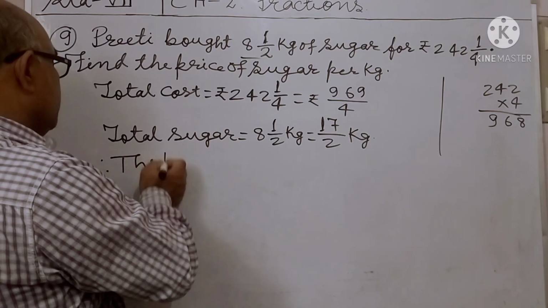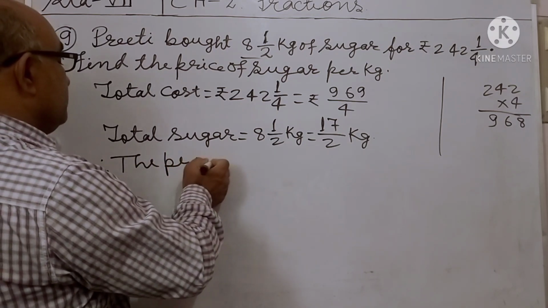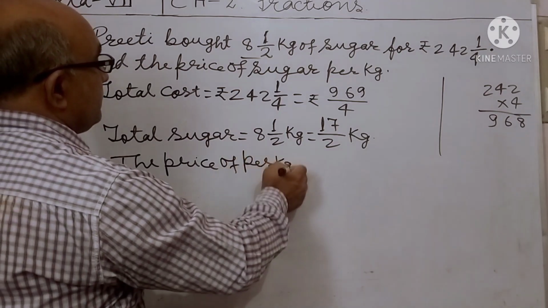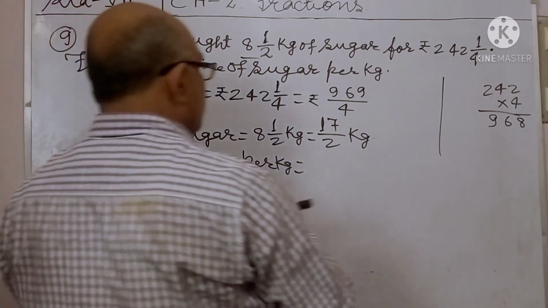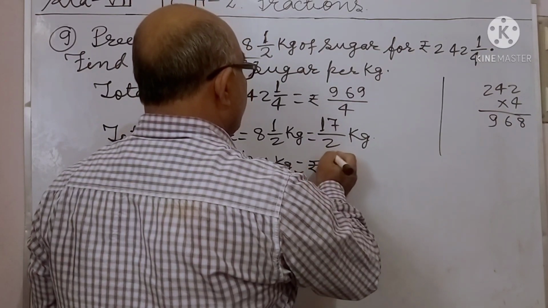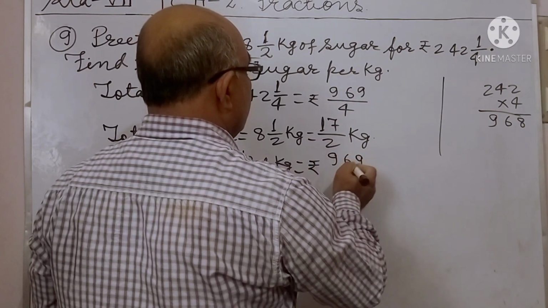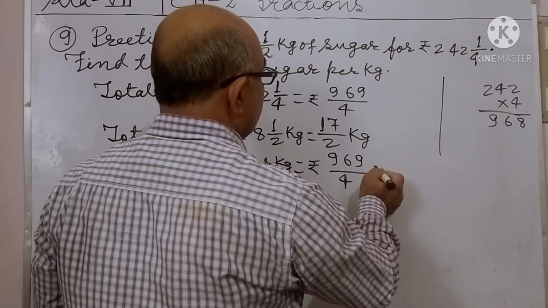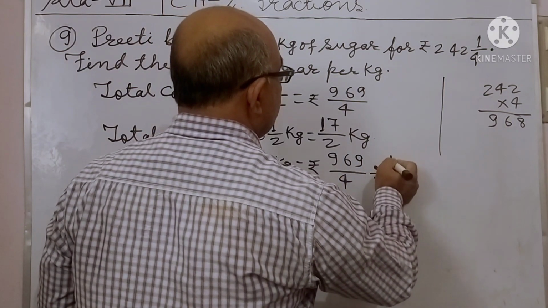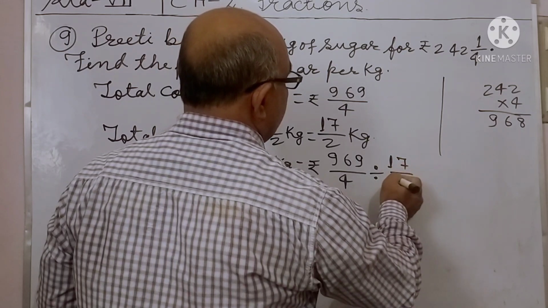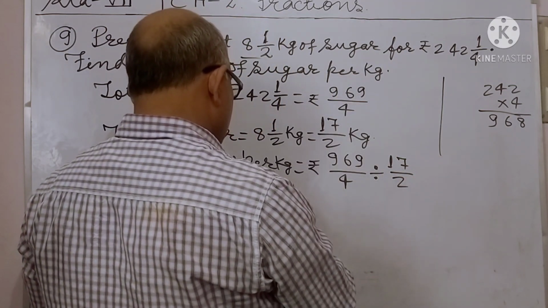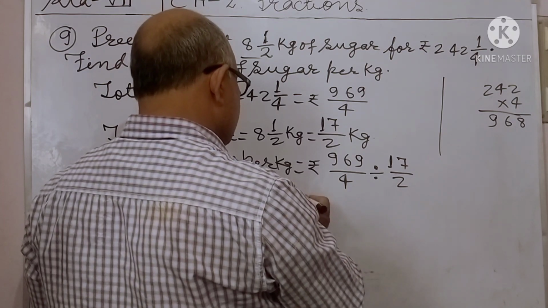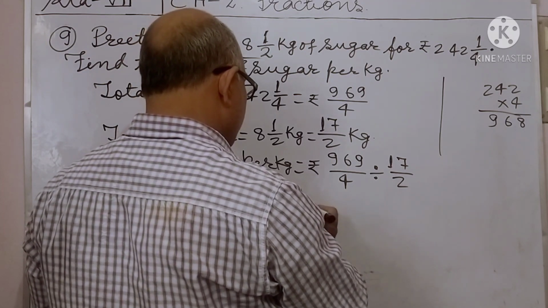Therefore, the price per kg equal to rupees 969 by 4 divided by 17 by 2, equal to 969 by 4.